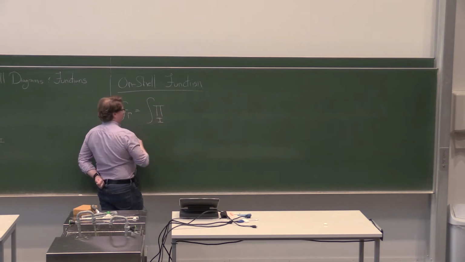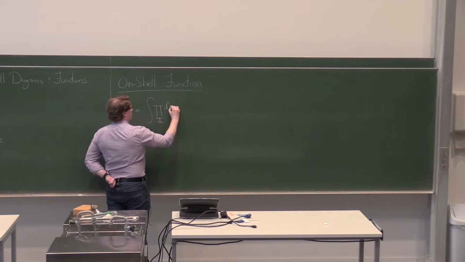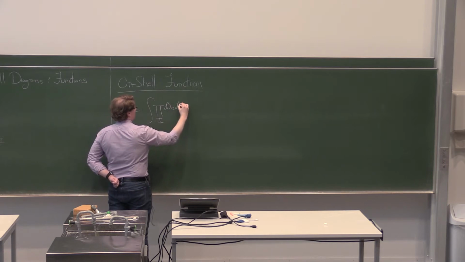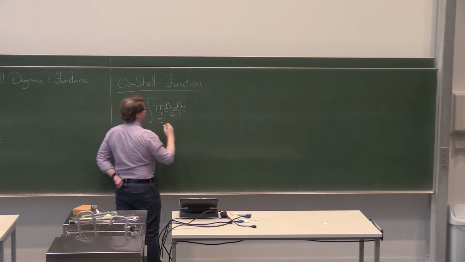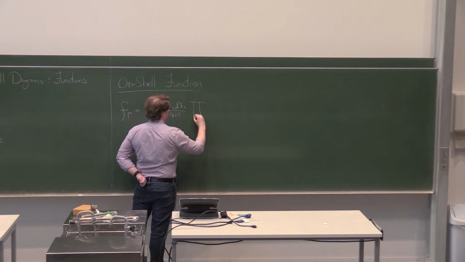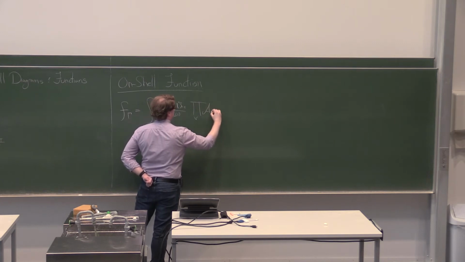So for every internal particle, we have d squared lambda I, d squared lambda tilde I, mod GL1, so this little 3-form, and then the product of all the amplitudes at every vertex.